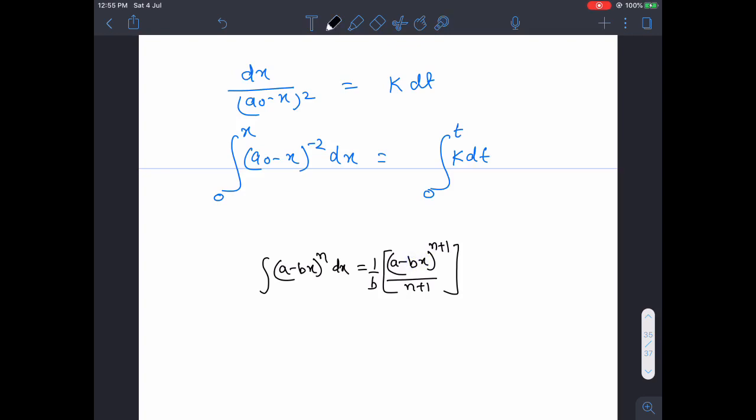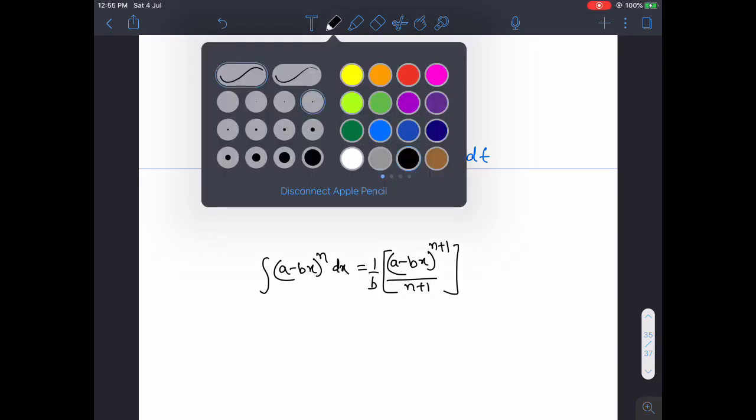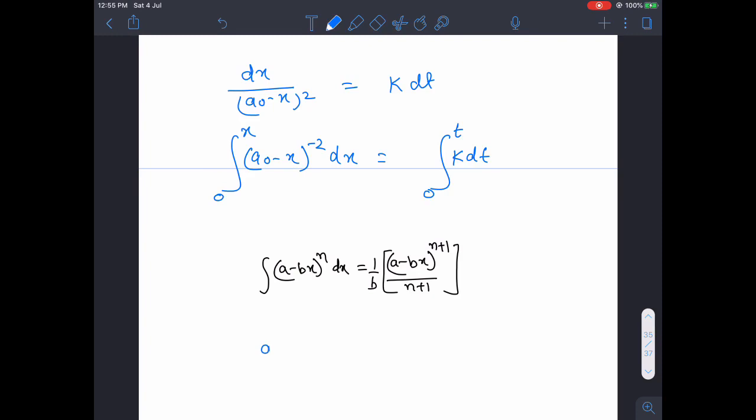So what will the integral be in this case? What is the value of n? That is minus 2. So the final integral will be A naught minus x whole to the power minus 2 plus 1, divided by minus 2 plus 1, and the coefficient of x is minus 1, so I am just dividing by that.